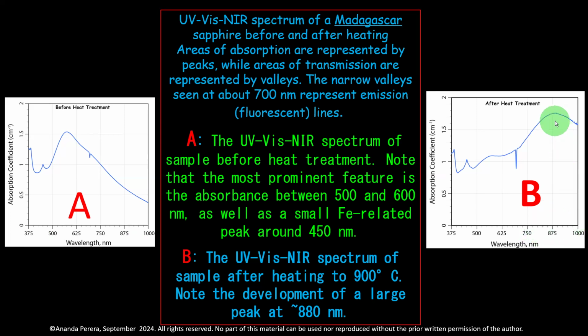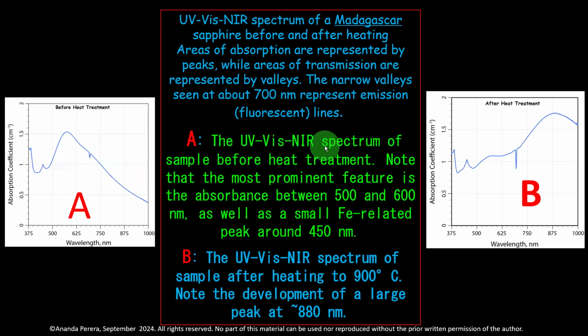So we need this machine only. UV, VIS, NIR can detect the heating treatment and the difference between natural and heated stones. We need this technology. After heating, this machine can find it out.